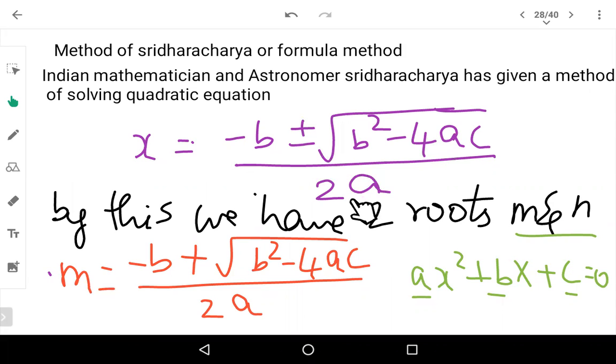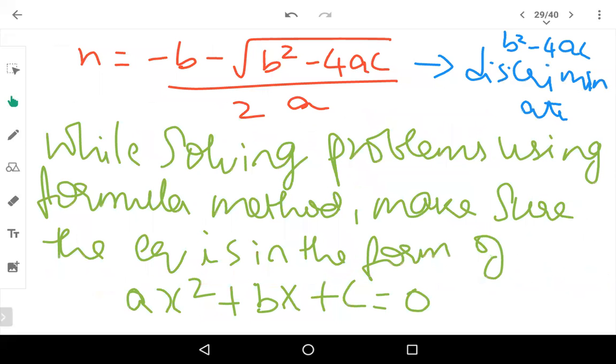If I take this minus root here, then it will become n. So one of the roots is m, the other root is n. And one more thing, this b square minus 4ac in the formula is called the discriminant.